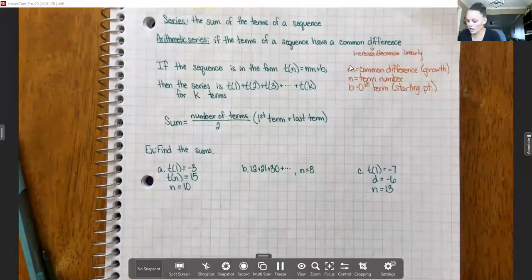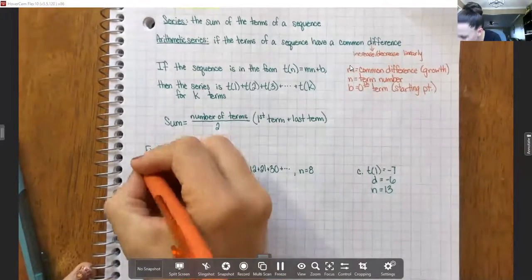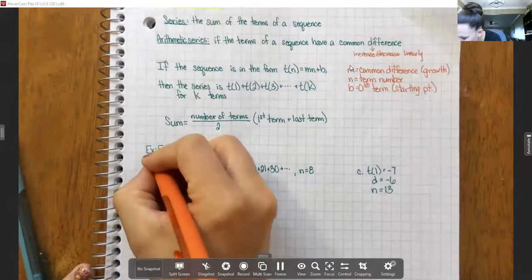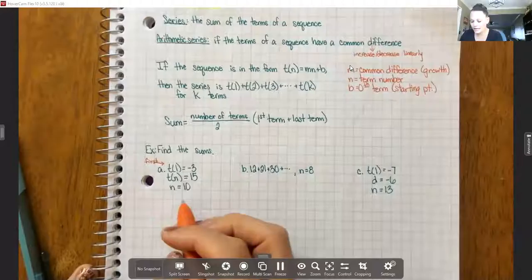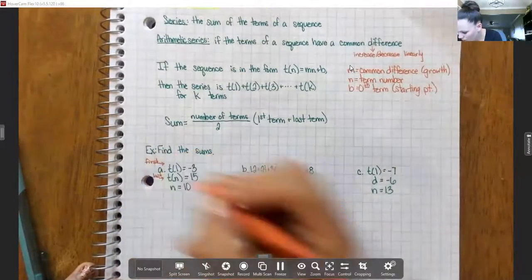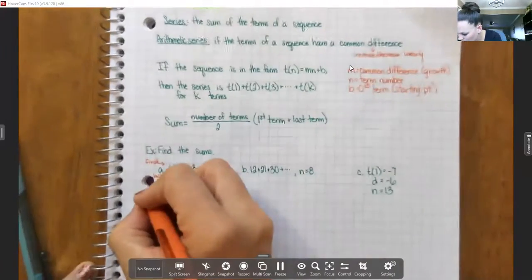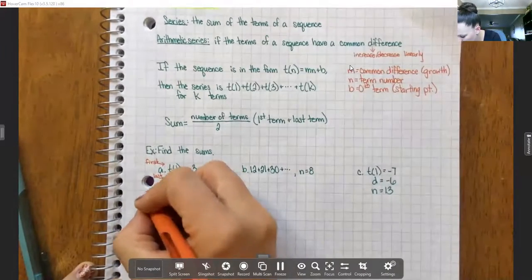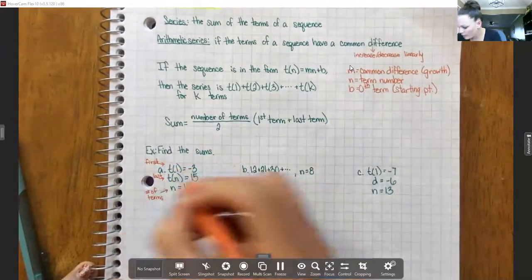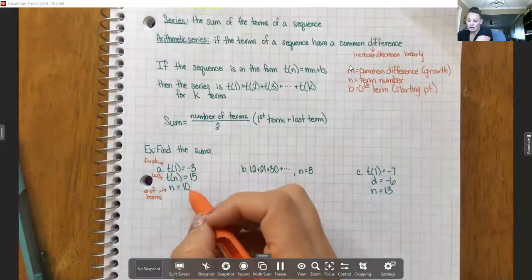So on part A, when it's T of 1, that means that's your first term. And T of n, that's going to be your last term. And n here will be the number of terms. So our first term is -3, our last term is 15, and we have 10 terms.